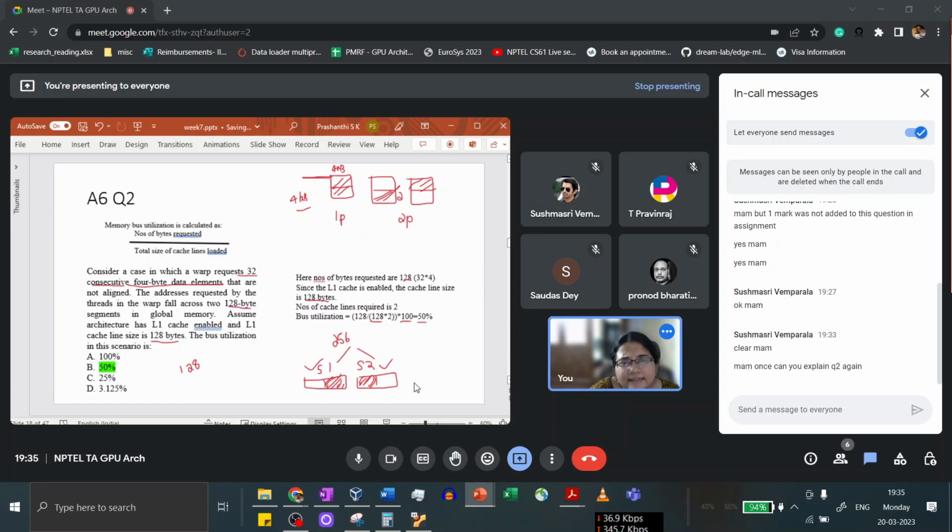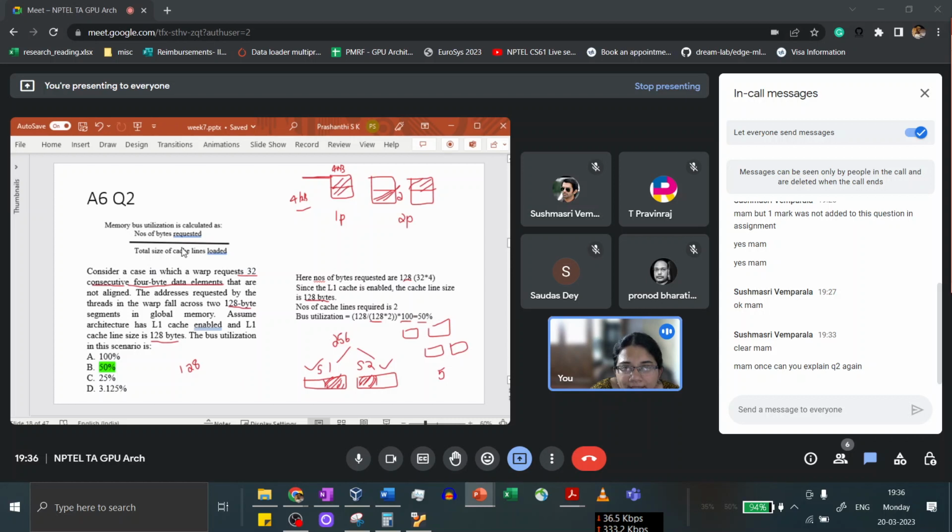And if this was scattered in 4 segments, then you would end up loading all 4, which would make it 512, right? Basically, just like the example of the page thing that I told you. But here we are told that it is spread across 2 memory segments. So you know that if you load both of these memory segments, you will get all of these 32 consecutive 4-byte data elements, right?